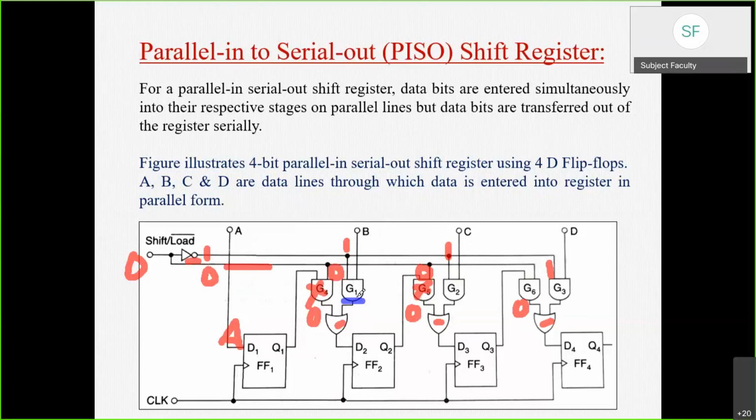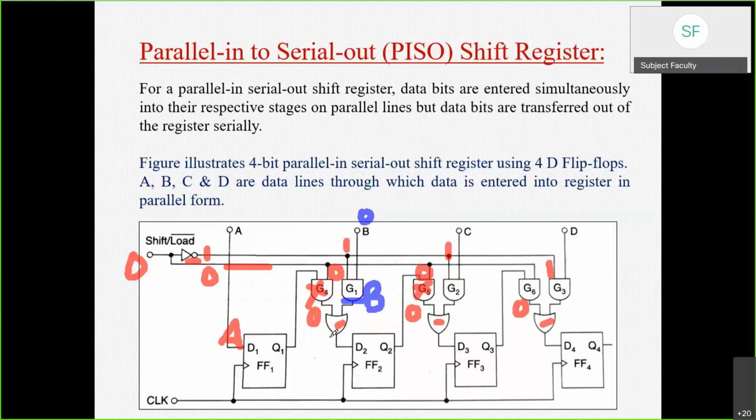So whatever the value of B is, if you apply 0 here, the output of G1 becomes 0, and if you apply 1, the output of G1 becomes 1. That means I can clearly write this as B. The output of G1 is simply copying B.